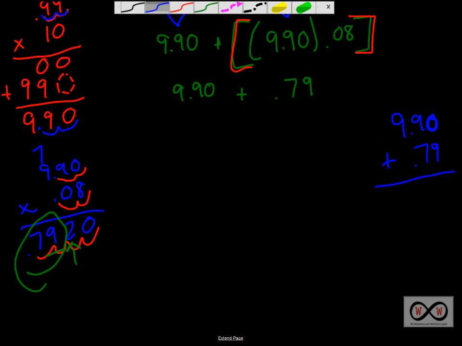And that gives us a grand total of 9. 9 plus 7 is 16. Carry the 1. 9 plus 1 is 10. And there we go. We've got 1069 as our grand total. So I'll rewrite that up there. $10.69.